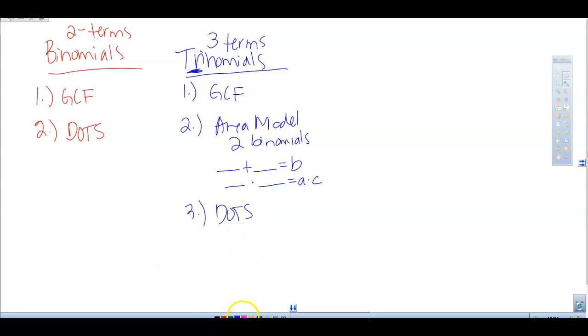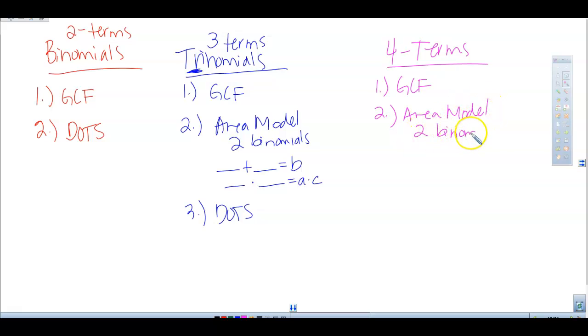And then for today, the lesson 1-7, which I'm kind of skipping. I'm not really doing a full 1-7 lesson, but I'm going over it today. So the 4 terms is basically the same as a trinomial, except you skip the blank plus blank step. So you still do GCF, you still use the area model to create your 2 binomials.